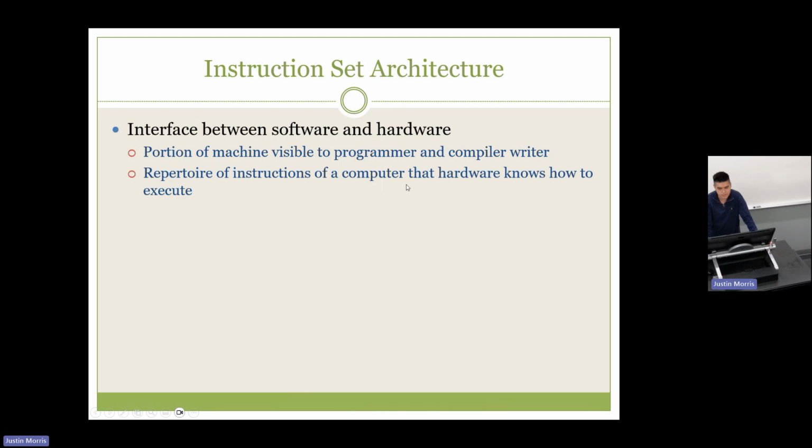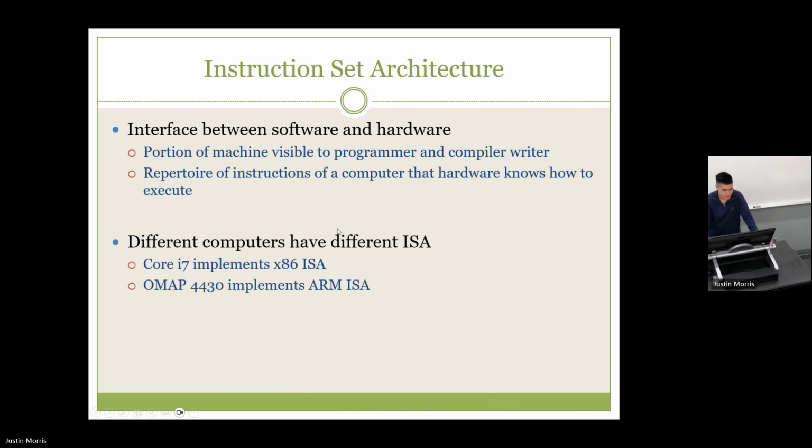So it's the set of instructions that the computer architect needs to implement. And different architectures have different ISAs. Like Intel is using x86 that they developed. And then this chip, not sure where it's from, but it's implementing the ARM ISA.